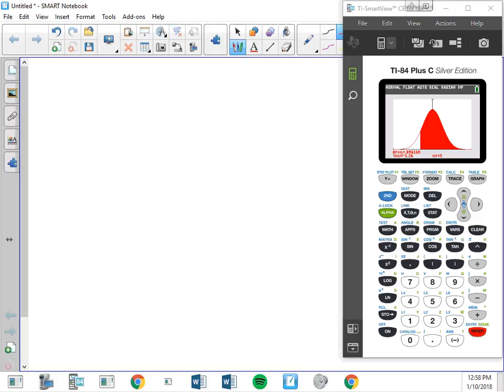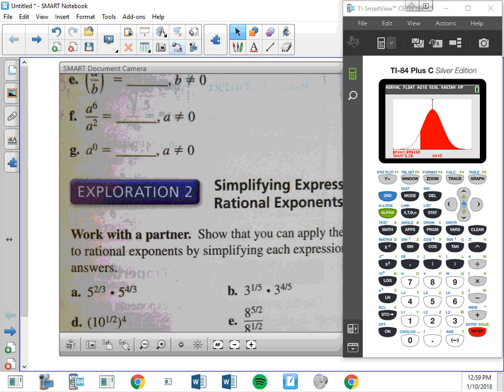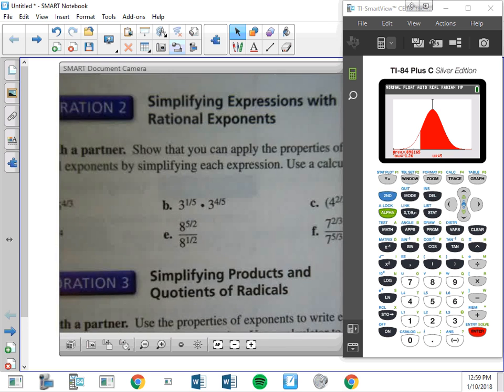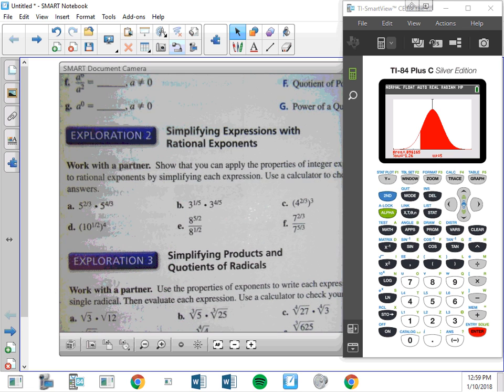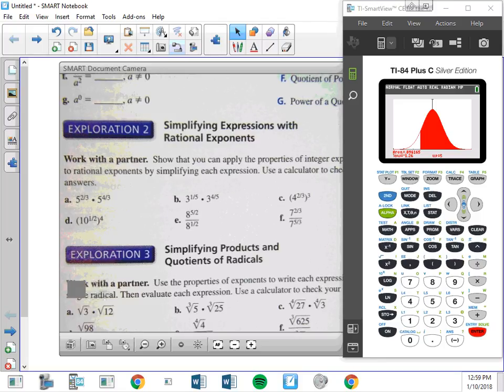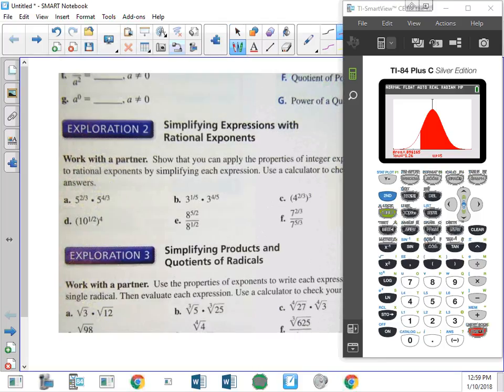So now let's work into it. On that same page, look at 199. There's some sample problems we're going to do. You don't need to write these down.